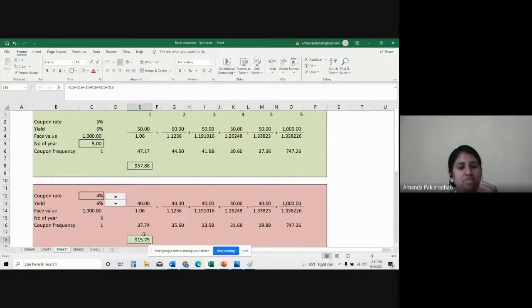At least from this difference, 915.75, the investor will get a return. Now remember, this is the true value of the bond. I told you, if the market price is equal to the true value of the bond, it is a correctly priced bond. So if you buy this bond at this correct price, which means you pay 915.75 today, on maturity you get 1000.